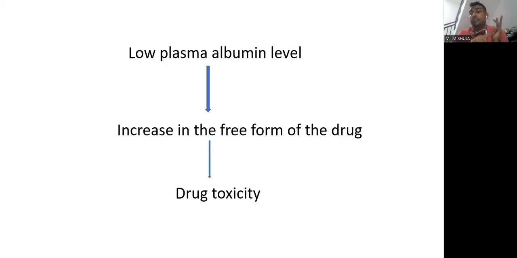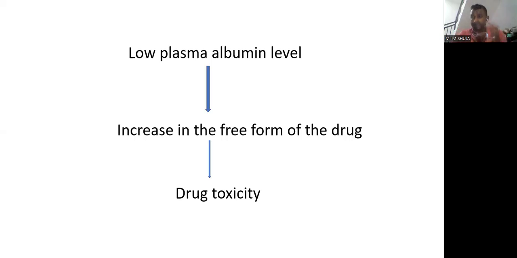There is not enough albumin in your blood, so there is not enough plasma protein to bind with the drug. So the proportion of the active, free form of the drug is increased. So it will give drug toxicity.